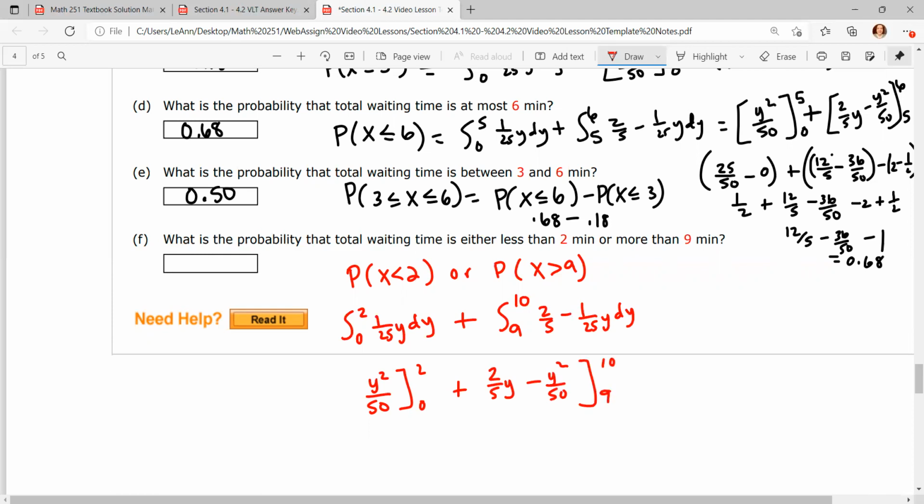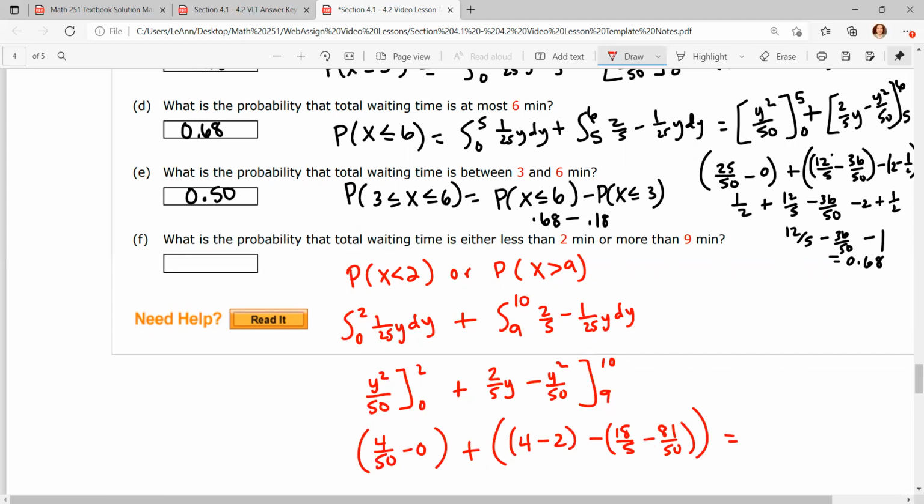For this first one, we're going to get 4 out of 50 minus 0. It's a pretty direct plug-in. For the second one, that's going to be 4 minus 2 for plugging in 10, minus, let's see, 18 over 5 minus 81 over 50.